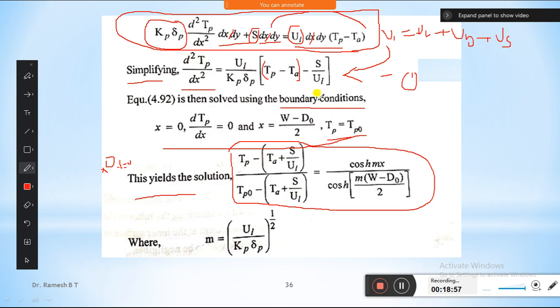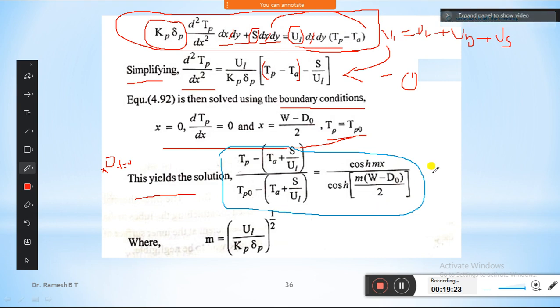After that integration and applying boundary conditions, finally we got (Tp minus (Ta plus S by UL)) divided by (Tp naught minus (Ta plus S by UL)) equal to cosh mx divided by cosh m(W minus D naught by 2). Here the m term indicates root of UL divided by Kp rho p.